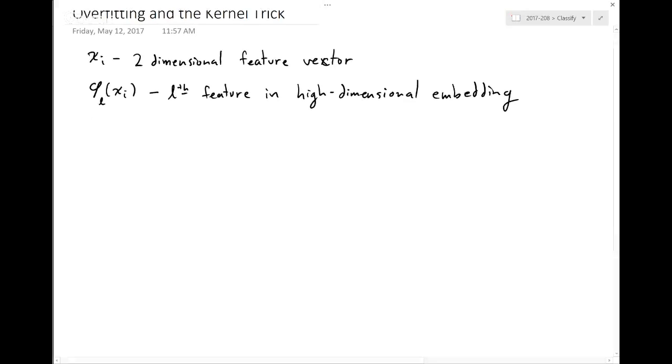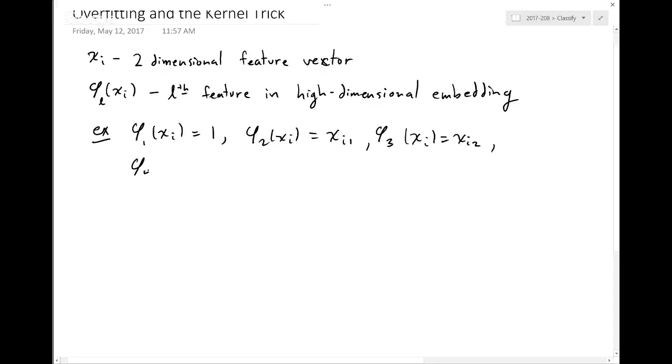So this is quite general. In our example, phi1 of xi is just equal to 1. That was the intercept. Phi2 of xi is equal to xi1, the first component of x. Phi3 of xi is equal to xi2. Phi4 of xi is equal to, now we start getting the nonlinear part, xi1 squared.